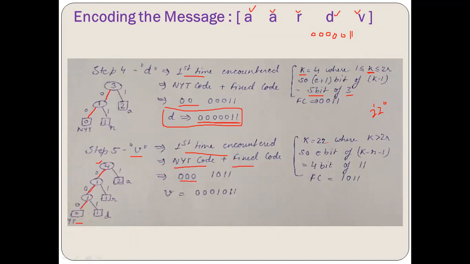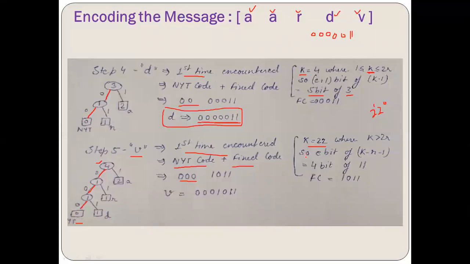How to get the fixed code? Again, K, that means the value of V in alphabets, is 22. So the value of K is 22, and this 22 is greater than 20, right? So this is not falling in that particular condition. K is greater than 2R, that means 2 into 10, 20.